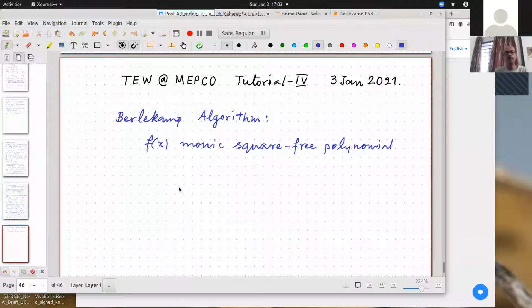Prime powers we are not going to use because of the complications in implementing on the software. The algorithm works for any finite field. So we would just stick to Fp[x], where p is prime.